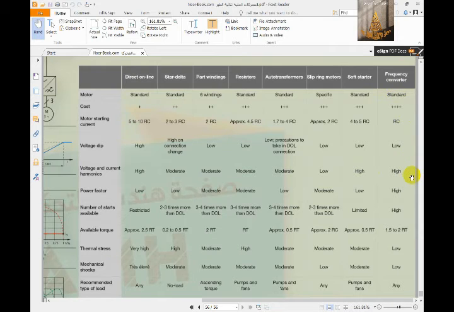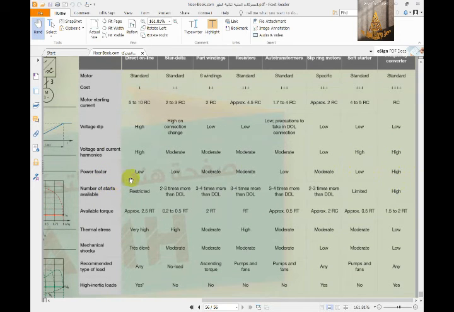If it doesn't have this filter, you should add one to avoid the voltage and current harmonics. So it's a very, very important point.